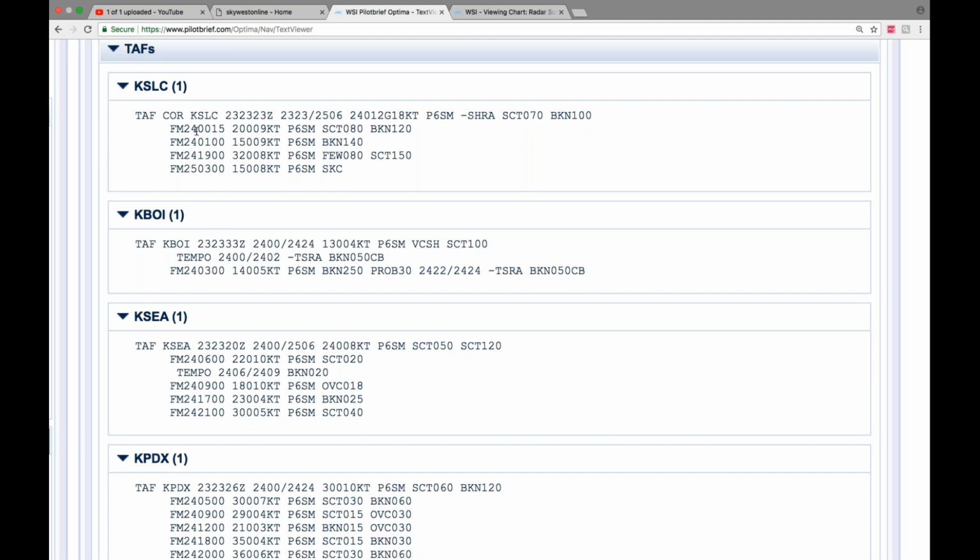The next thing we look at on the TAF, this next line, is a from line, okay? We call them from lines. So from the 24th at 0015 Zulu, this is the change, okay? So here's what's important to remember.